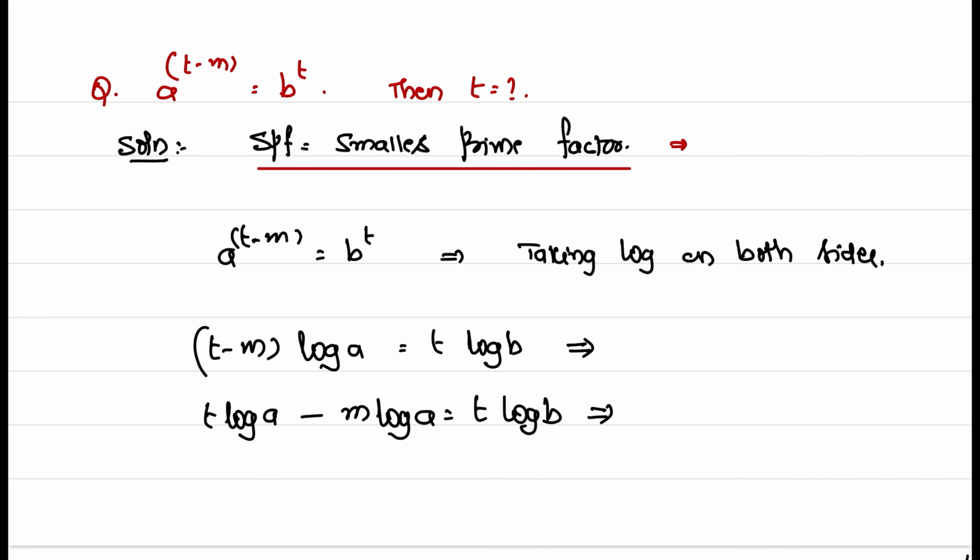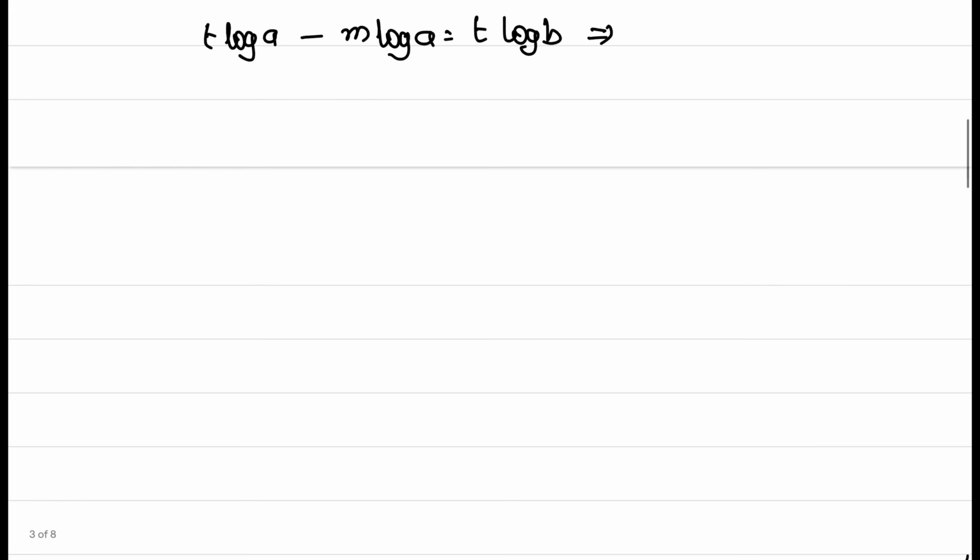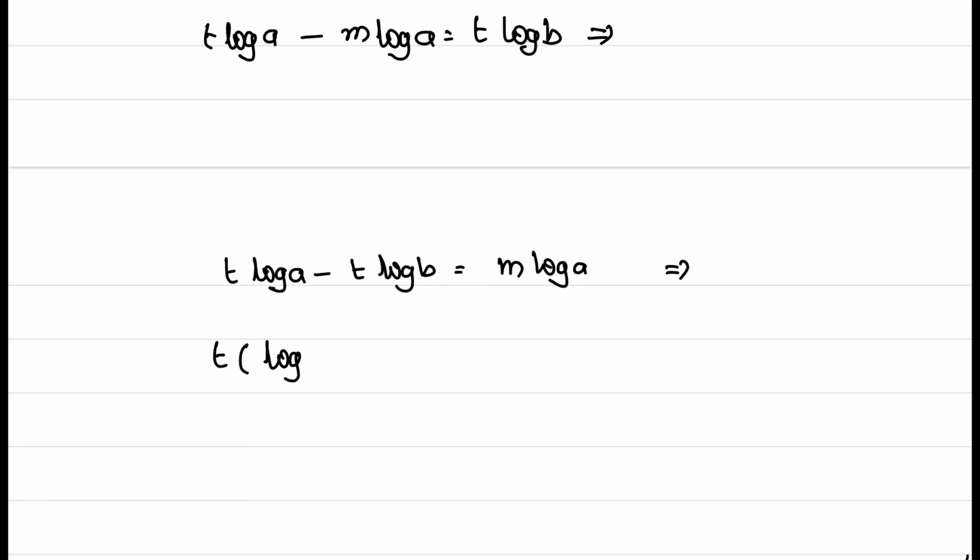That implies t log a minus t log b is equal to m log a. That implies t into log a minus log b.